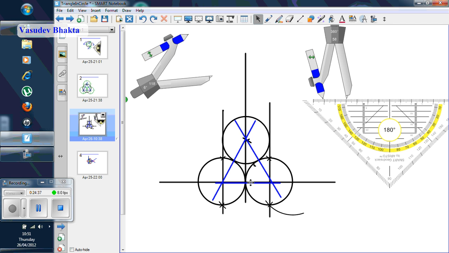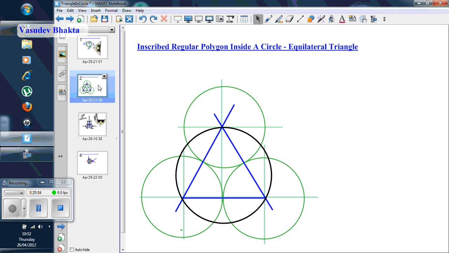What we need to do first of all is bisect each one of these edges of the equilateral triangle so that we can get a center point, which would be somewhere in the middle up here. And then once we've got a center point, we place our compass into the center and draw a circle around that equilateral triangle. I'm not going to do that for you, but I'll let you have a go at it and the finished product should look something along these lines.